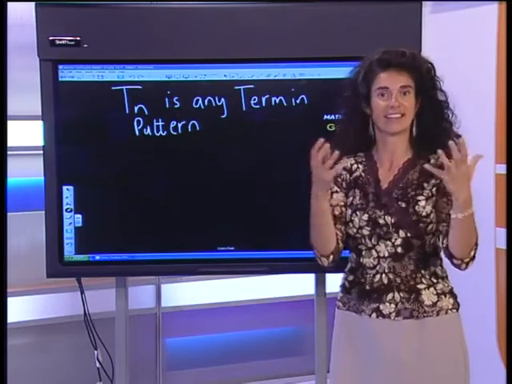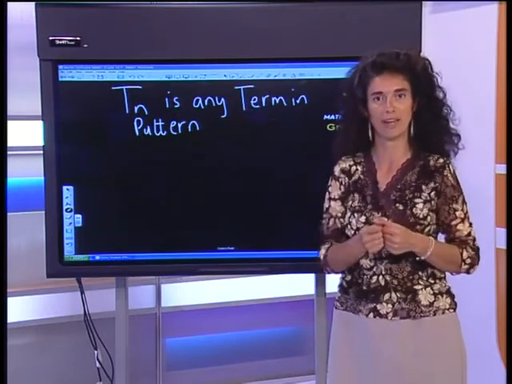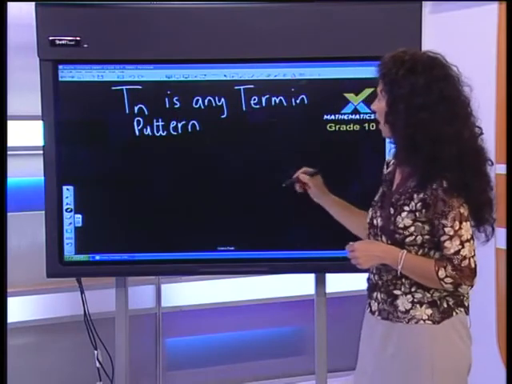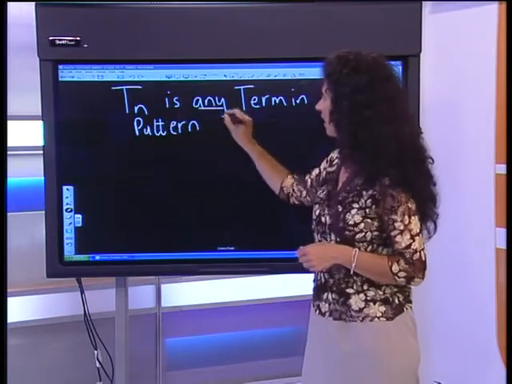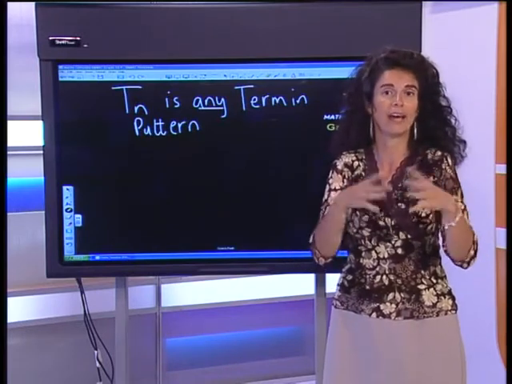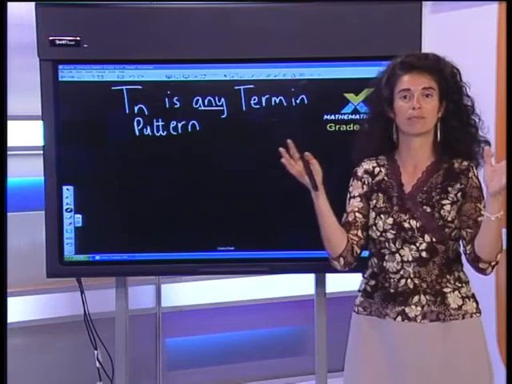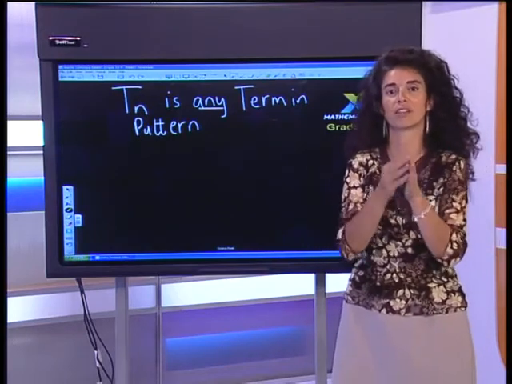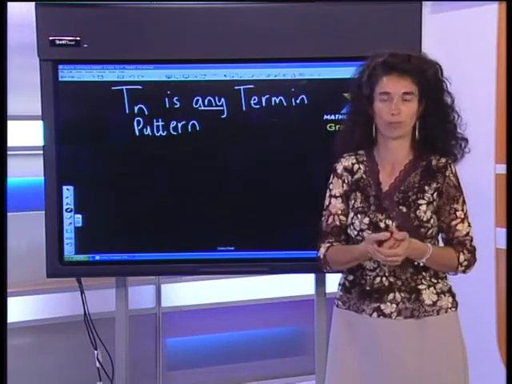So T is that thing that identifies the term in the pattern. And when I say N stands for any, now, it could be N, it could be K, it could be A, it doesn't really matter, but mathematicians have conventionally given it the N as the nth term.